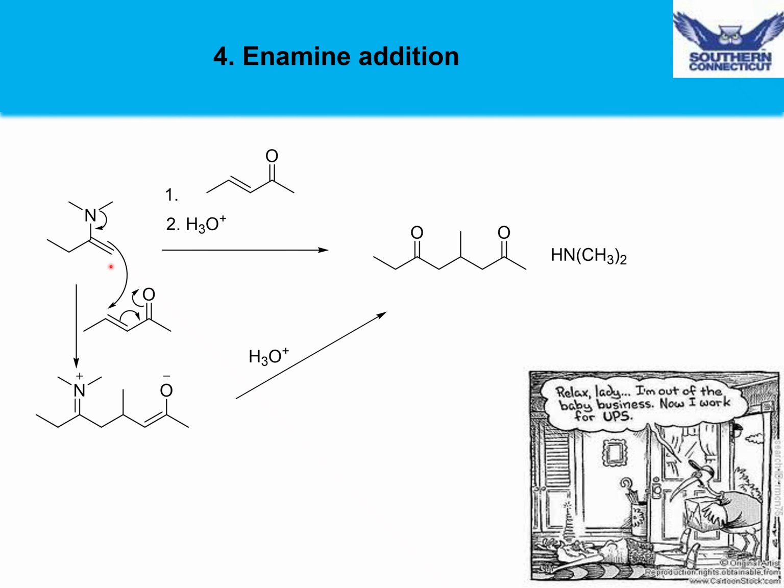And that alpha carbon will attack the beta carbon of an alpha beta unsaturated compound, such as a ketone. We now form in this reaction this bond here, reacting the alpha carbon of the enamine with the beta carbon of an alpha beta unsaturated carbonyl.